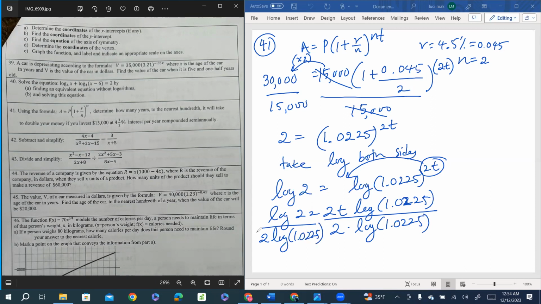Remember, we have two things, so let's put a bracket or something like that. So then t is basically equal to, let me write this one more time, log 2 divided by 2 log 1.0225. Let's put this into our calculator and see whether we can get an answer. So let's see.